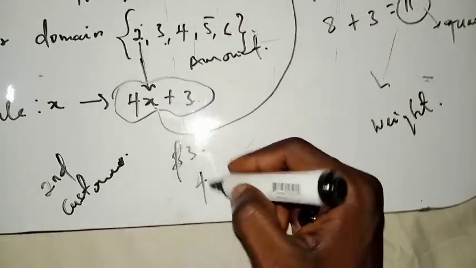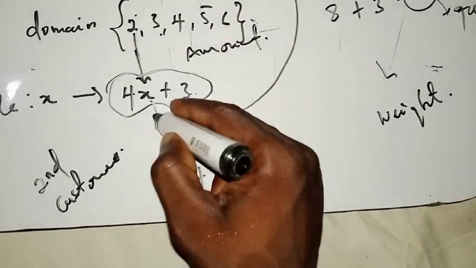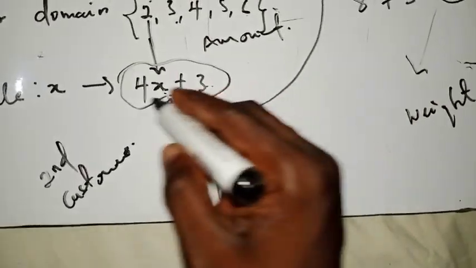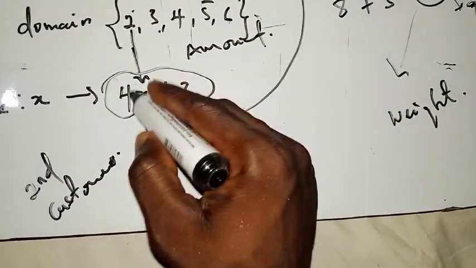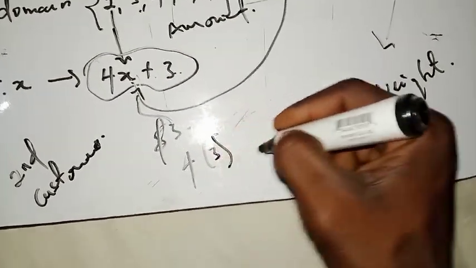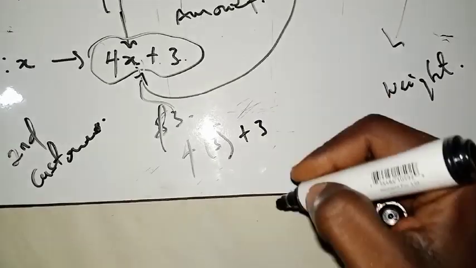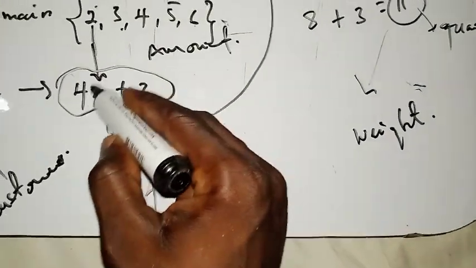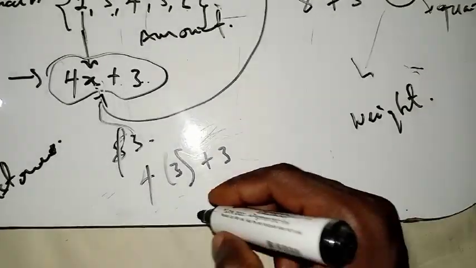You just take this $3 and replace x with it in the rule of the shop, which determines whatever the customer is going to carry home.